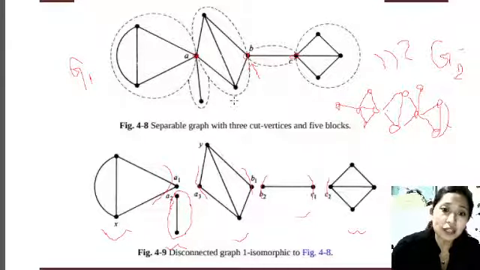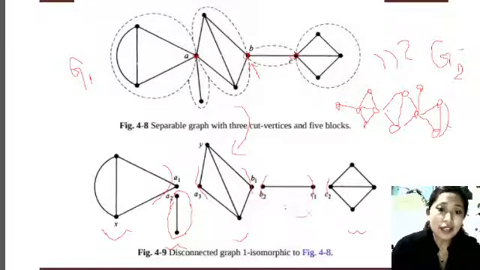So for that, we are dividing the entire graph into separate blocks like this, and let us try to join these separate blocks. Just try different combinations and see whether we can get this graph or not. Let us take this first block and use it here.